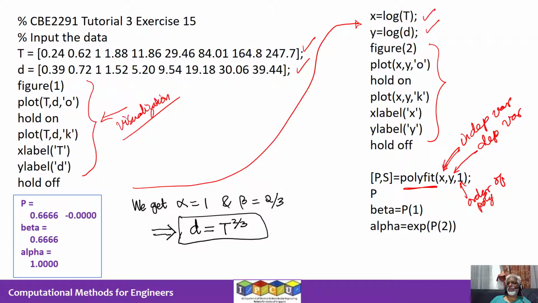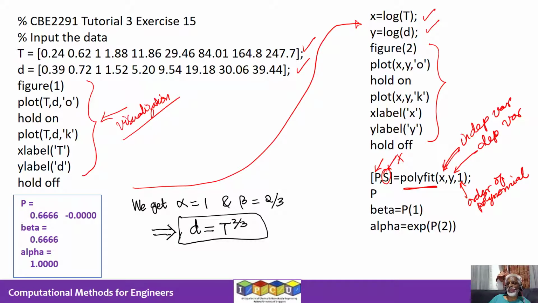We want to fit a first order polynomial, right? Because we are interested in fitting a line. When you use polyfit, it gives you two outputs, P and S. S contains the statistical information that is not relevant to us for this particular problem because our scope is only to find alpha and beta. So we are not going to make use of S.